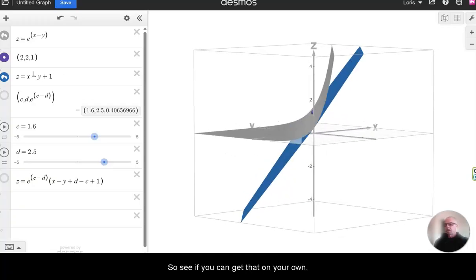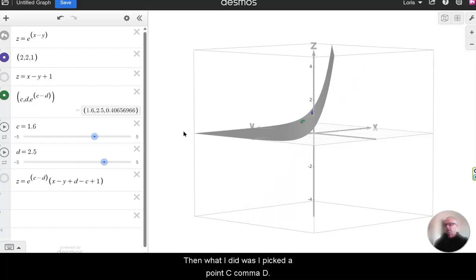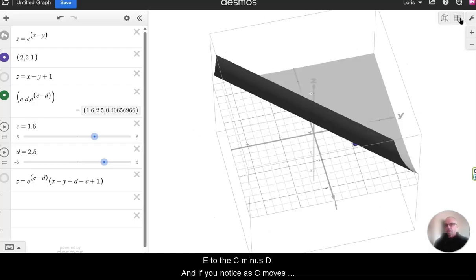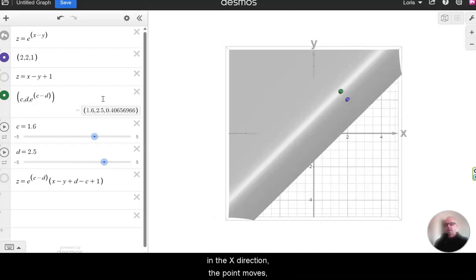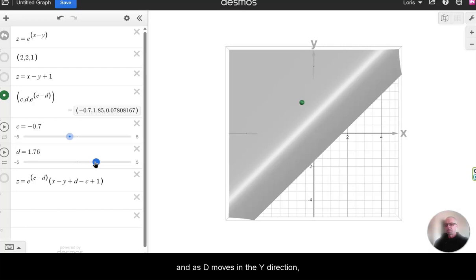So see if you can get that on your own. Then what I did was I picked a point c, d, e to the c minus d, and if you notice, as c moves in the x direction, the point moves, and as d moves in the y direction, it moves as well, right, in the y direction.